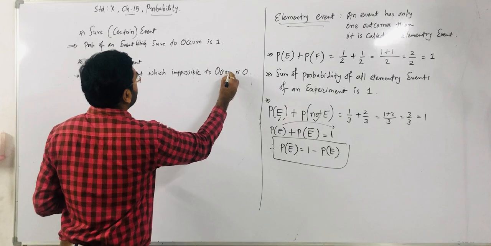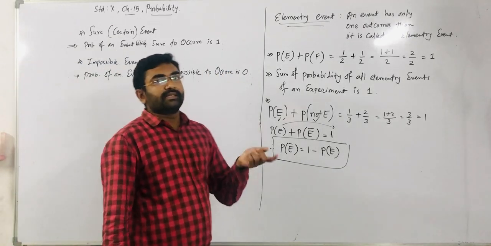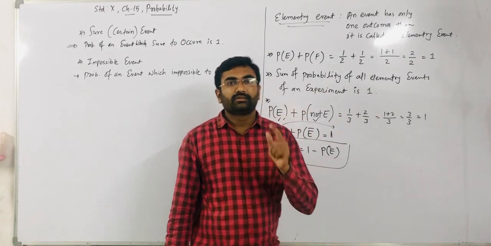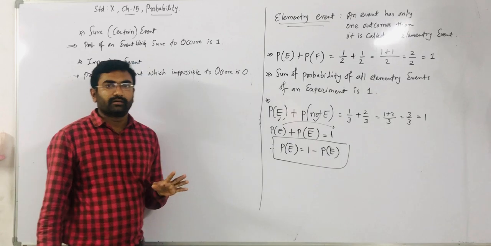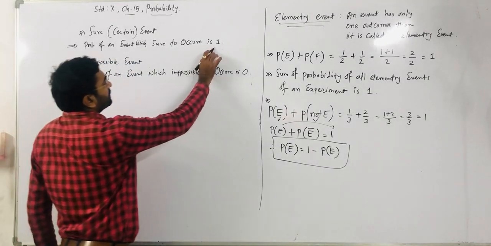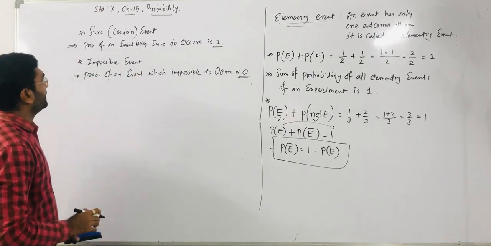Suppose I give one example. Suppose the sun rises in the west. The sun never rises from the west side, right? So that event never happens. That type of event is called the impossible event. The sure event is represented by 1 and the impossible event is represented by 0.